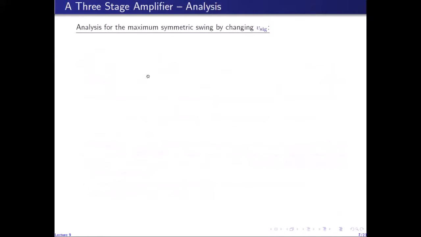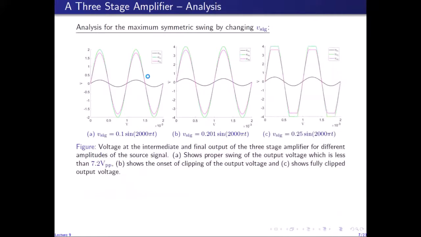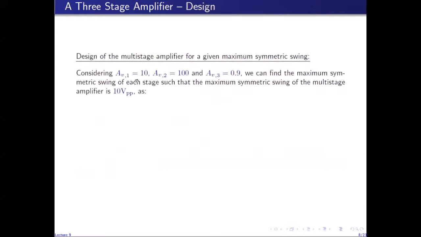But now I assume the gain of the first stage to be 10 units, the gain of the second stage to be 100 units, and the gain of the third stage is kept the same, 0.9 units. And I need to design the individual stages for maximum symmetric swing such that the overall maximum symmetric swing is 10 volts peak to peak.